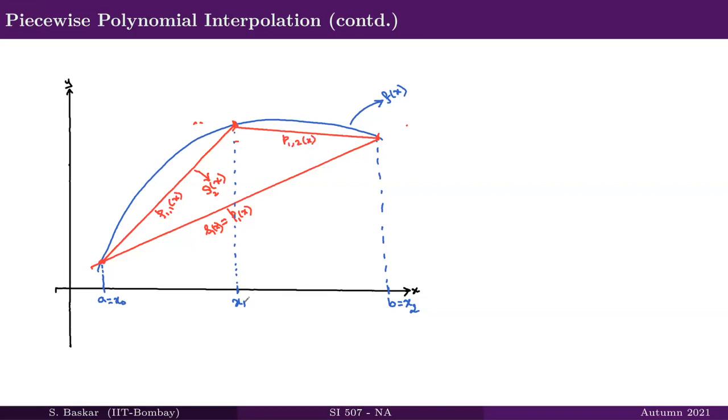Similarly, you can construct the piecewise linear polynomial s3(x) by introducing one more point anywhere in this interval. But for the sake of simplicity, we will assume that the length of the subintervals are equal. In other words, we will consider equally spaced nodes in our discussion. This is just for the sake of simplicity.